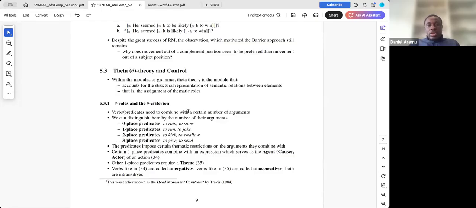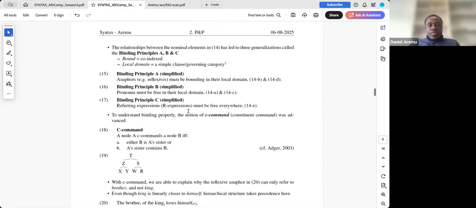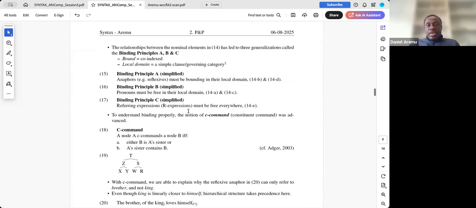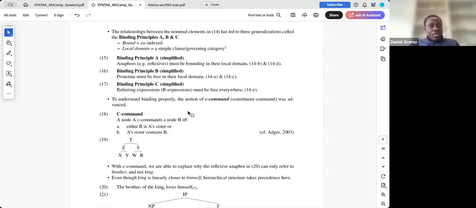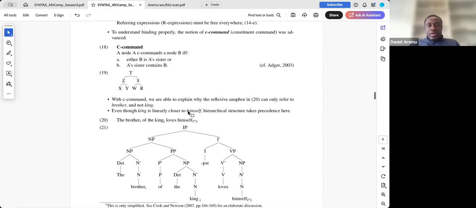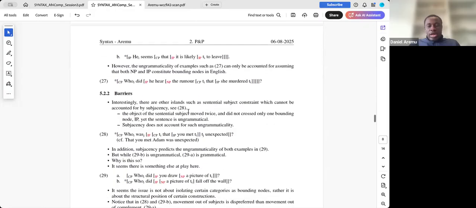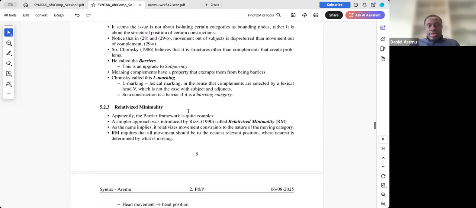So we've looked at government itself, we've looked at binding. If you remember the three binding principles, principle A, principle B, and principle C. Maybe we should even use this to do a quick review of the last class.